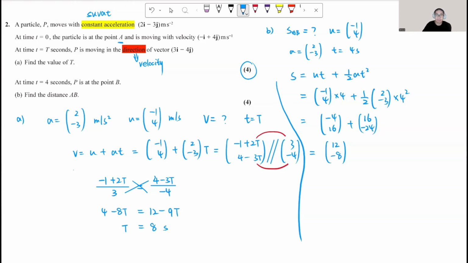And that will be our displacement vector. So the distance AB is just the magnitude of that. That'd be the square root of 12 squared plus -8 squared. Put in the calculator, that is equal to 4 root 13 meters. Then that'll be our final answer.